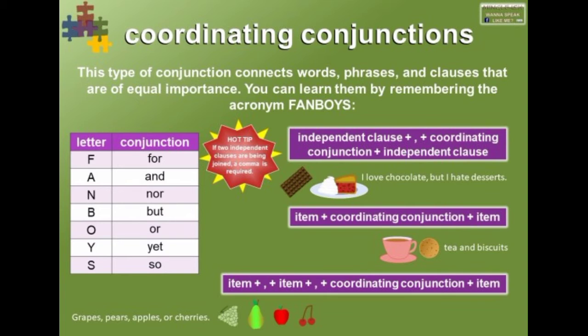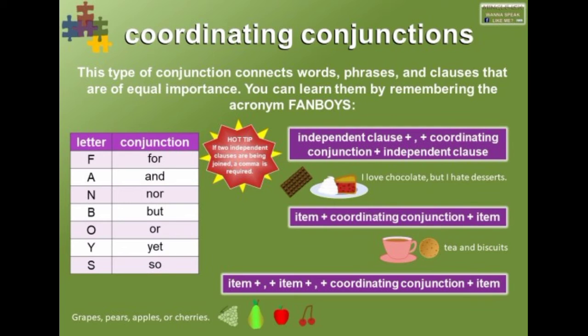You can look here: independent clause plus coordinating conjunction plus independent clause, so that we are adding two independent clauses by using this conjunction in between. See the example: I love chocolate but I hate desserts.